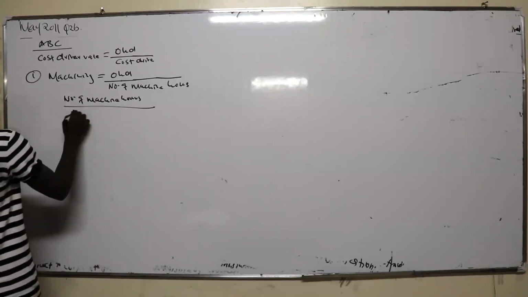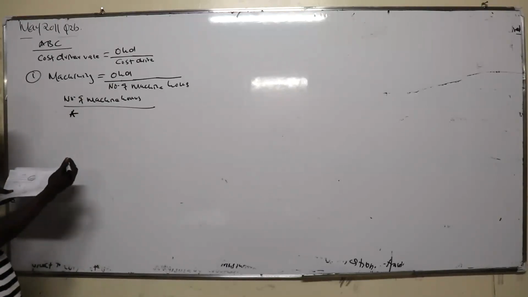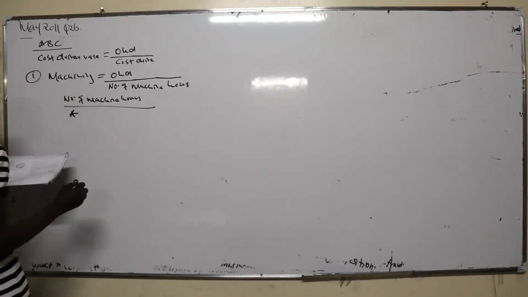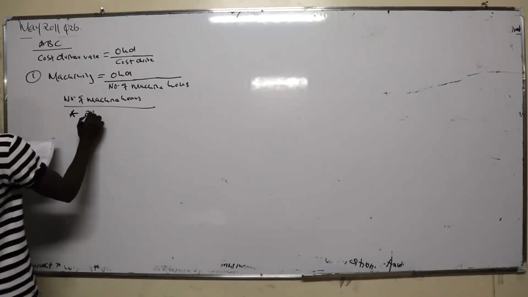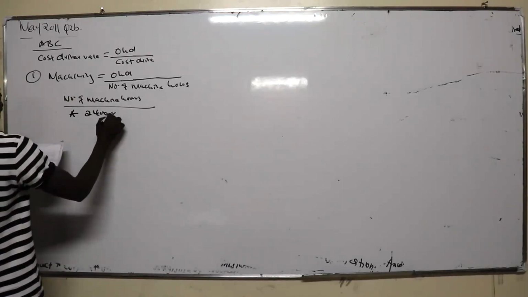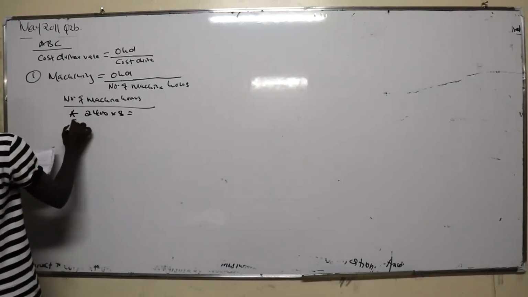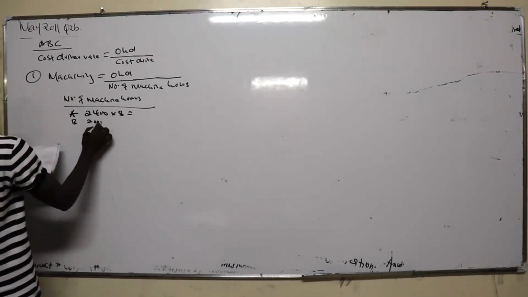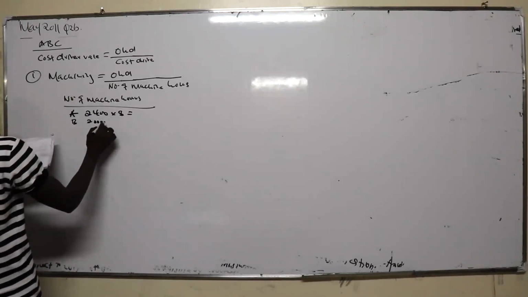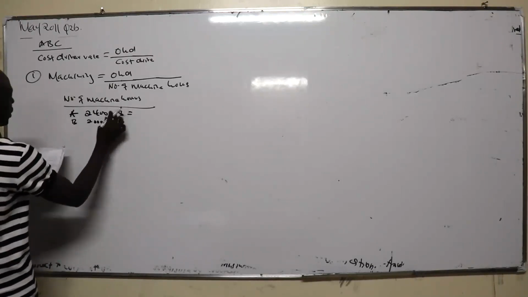Product A requires 2,400 units, you multiply by 8. Product B is 2,000, you multiply by 6. This is the machine hours per unit.